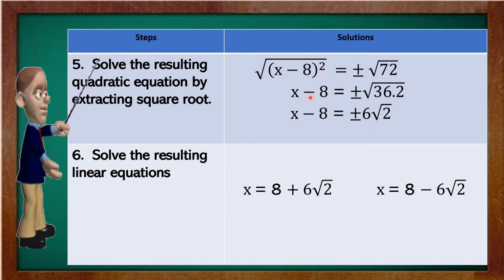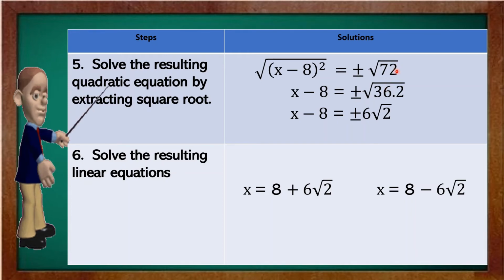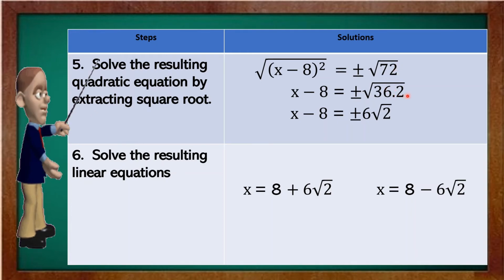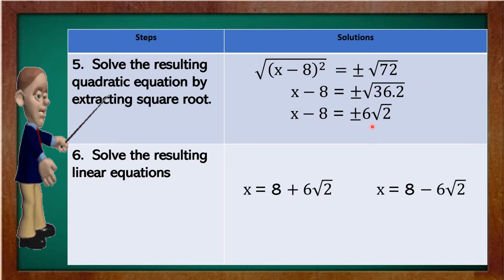So x minus 8 is equal to positive or negative. The square root of 72 is the square root of 36 times 2. Then we will have x minus 8 is equal to positive or negative 6 square root of 2. So where do we get 6? This is from the square root of 36. The square root of 36 is 6, and the remaining 2 stays inside the radical sign.